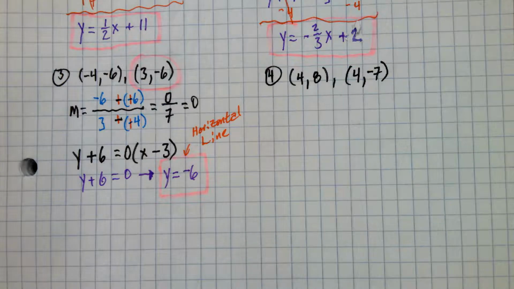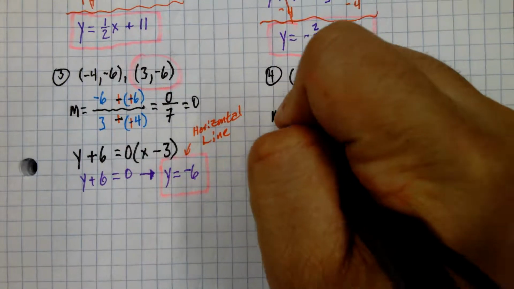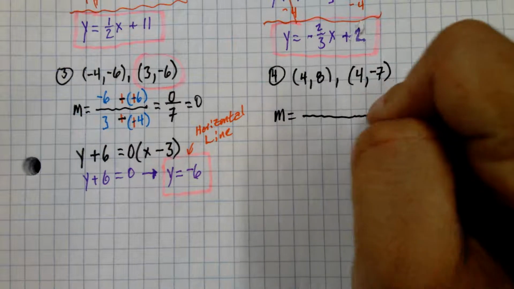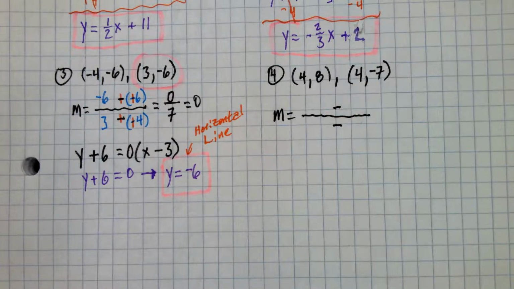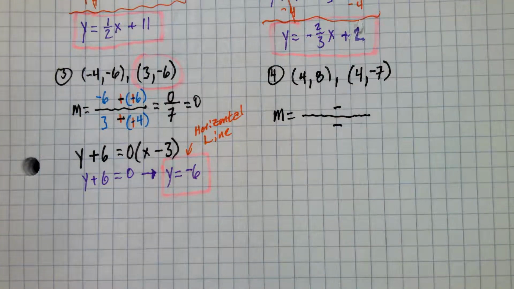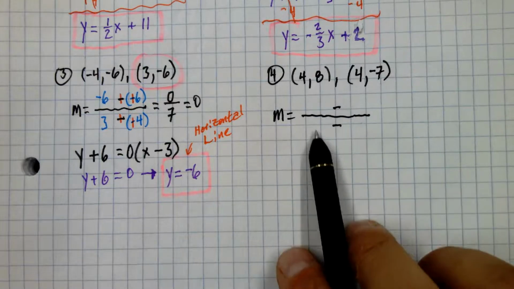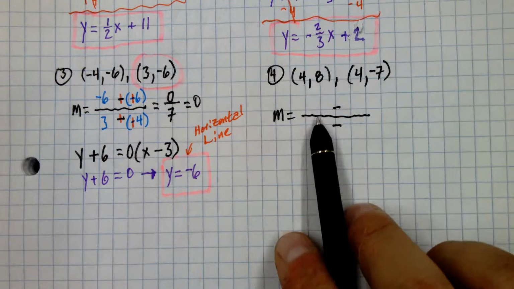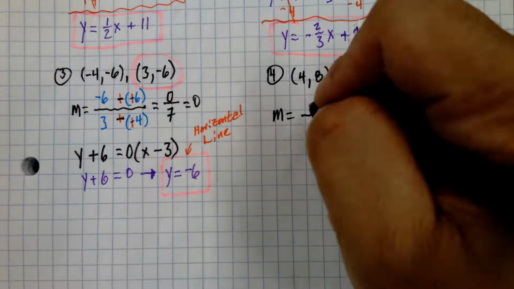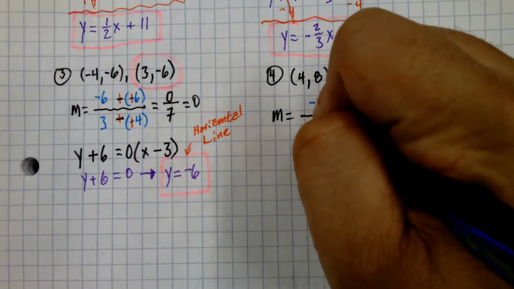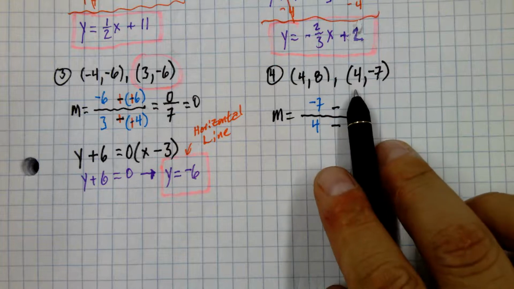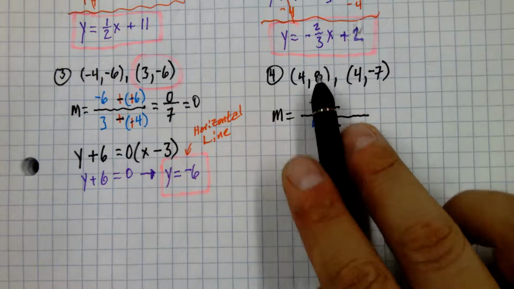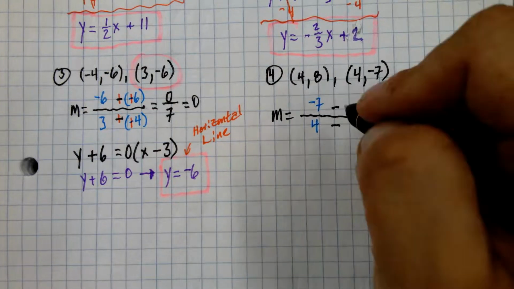Plug this into the slope formula. So let's put in some numbers. What would go top bottom here? -7 and 4. That means on top and bottom here we would have 8 and 4.